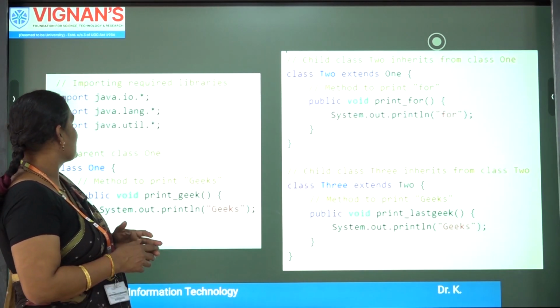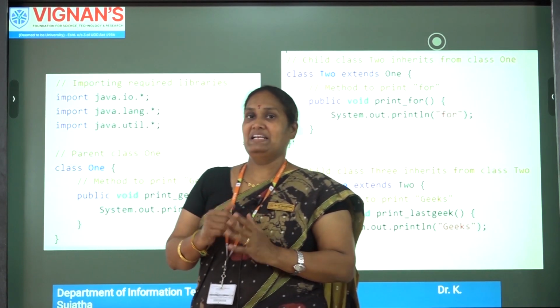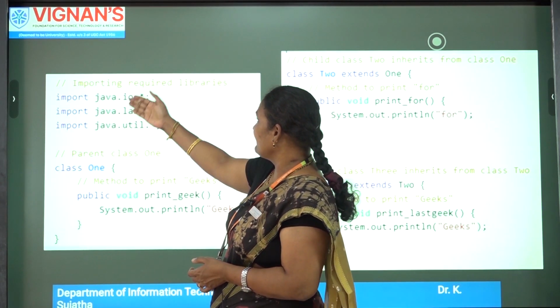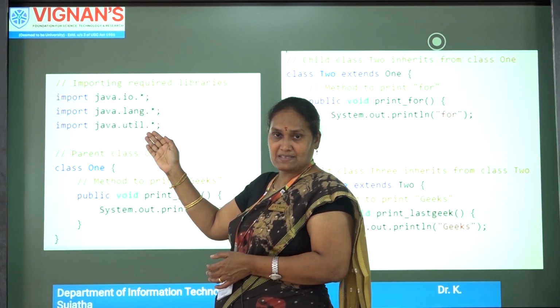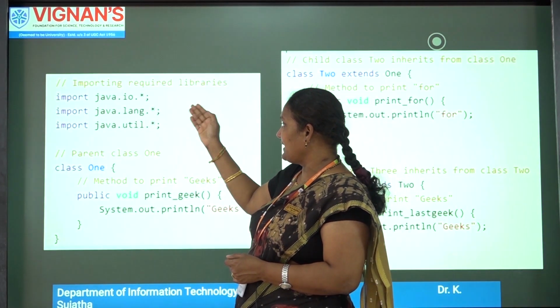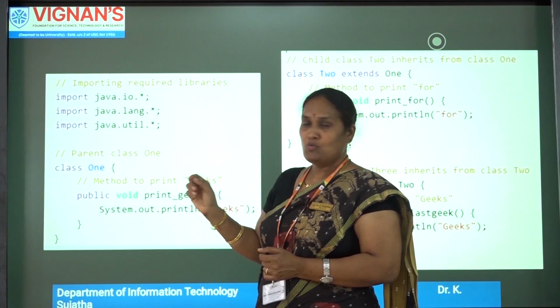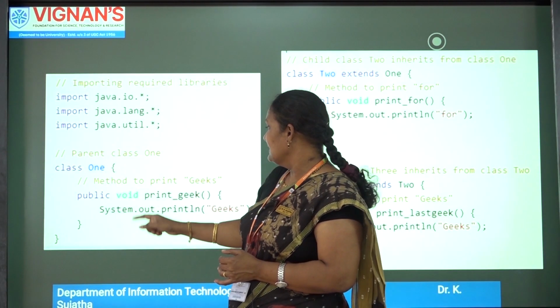Now here you can see an example program for multilevel inheritance. Whatever libraries are required, I have imported as usual, as in the previous example: the io package, lang package and util package. Now first I have taken class One.